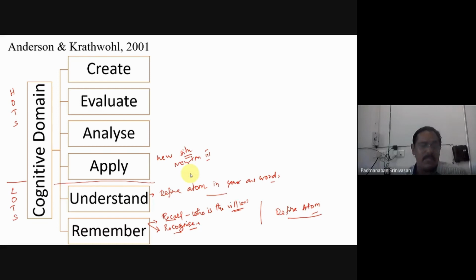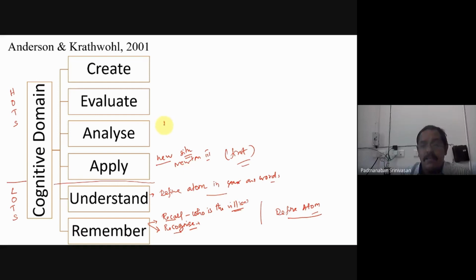Suppose you are from physics or management or chemistry or whatever, you can take it from your subject. So if there is Newton's third law, and a rocket is going up, and the student tells that the rocket is going up as per Newton's third law, it means that they are applying that in a new situation. First time they have to do like this. So applying the concept in a new situation, we call apply, and then analysis.